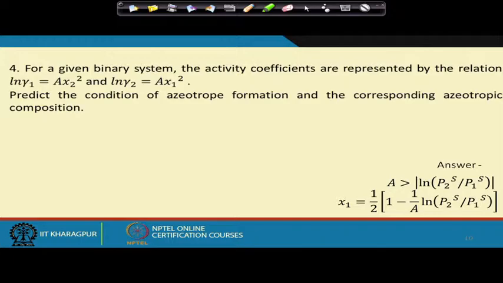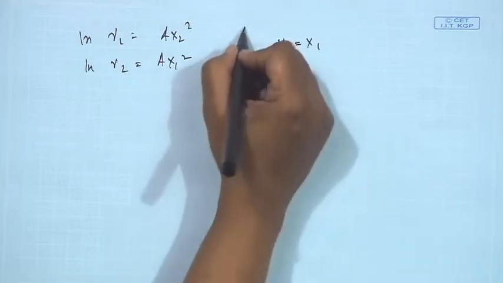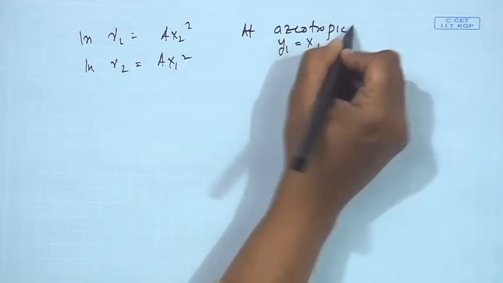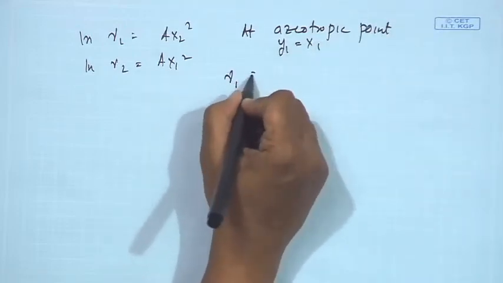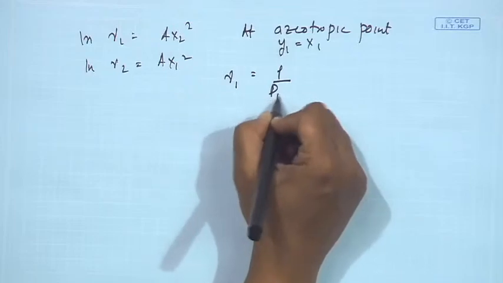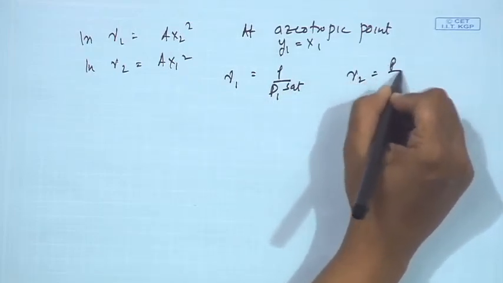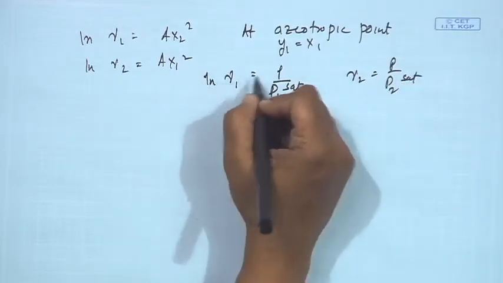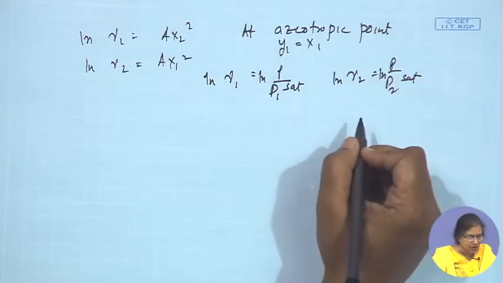How to proceed? What are the things that you know? You know at the azeotropic point y1 equals x1. Accordingly, gamma 1 is P by P1 saturated and gamma 2 is P by P2 saturated, as we just did. ln gamma 1 is the ln of this, ln gamma 2 is the ln of this.